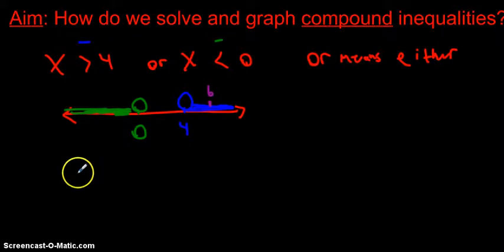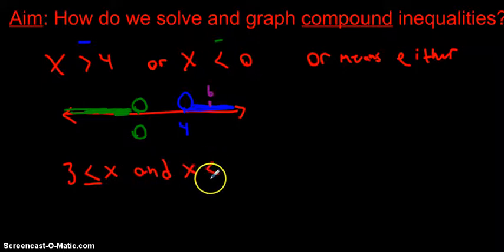Alright, so let's take a look at an AND inequality. Let's say we have x is greater than or equal to 3. Actually, let's change that around. Let's say 3 is less than or equal to x, and x is less than 6.